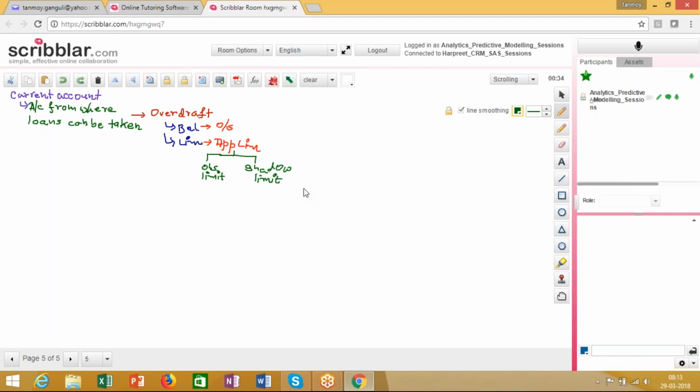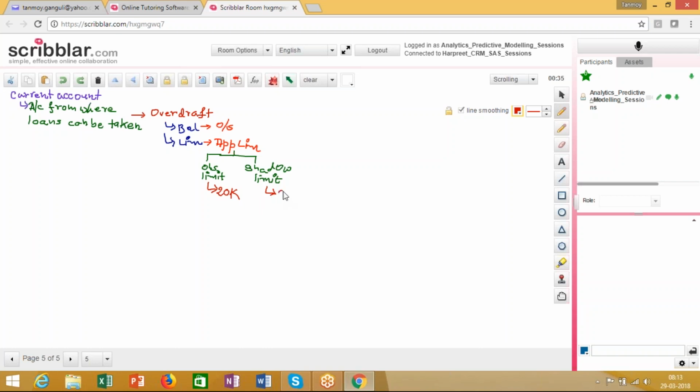Now, what is the observed limit? The observed limit is the limit which you know. Say they tell you that your limit is 20,000, so you know that you can draw up to 20k. But you are also given a shadow limit which you are not generally aware of.